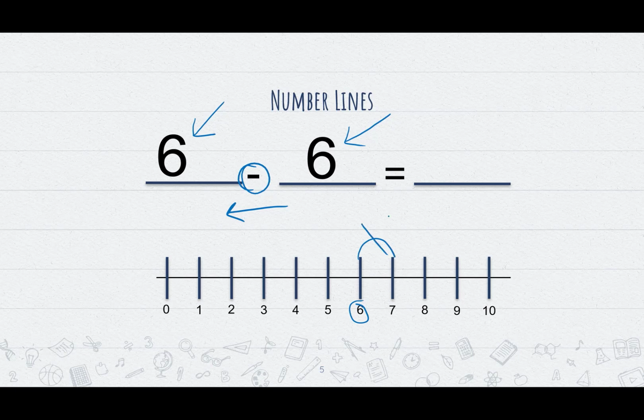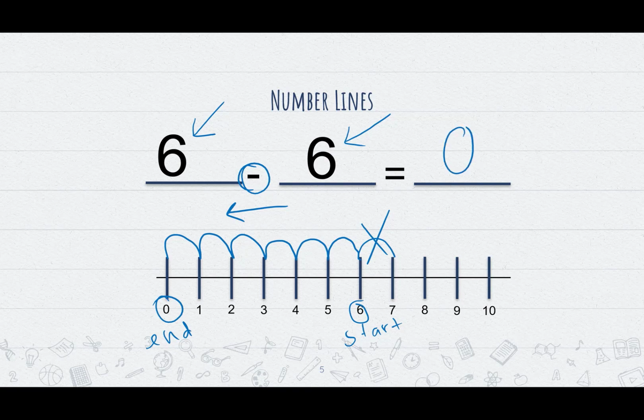We're going to go backwards. 1, 2, 3, 4, 5, 6. And then what we end on should be our answer. This is where we started, and this is where we ended, and that tells us our answer. So 6 take away 6 is 0.